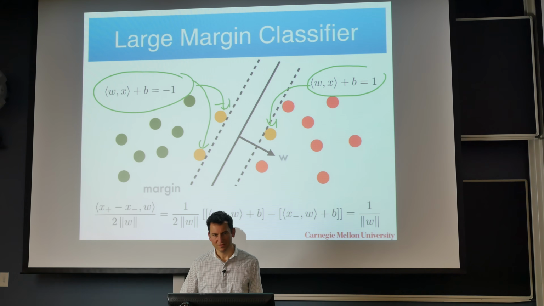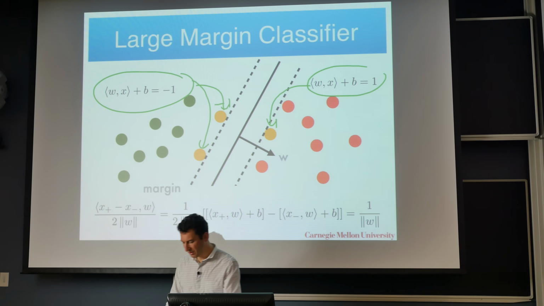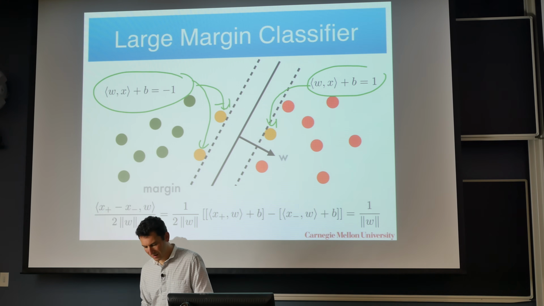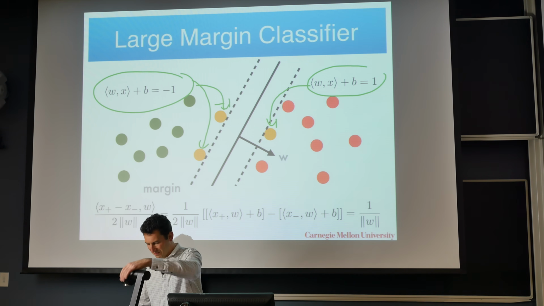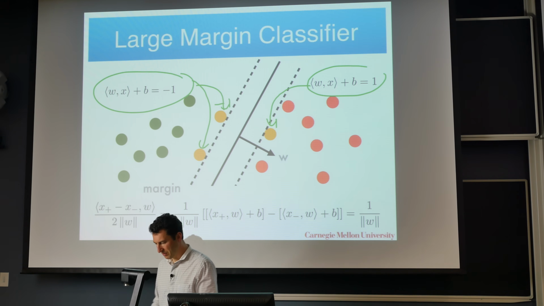Now I can take the difference between those 2 terms, and I have to get 2. So I can take (x+ minus x-) dot w. Let me do that explicitly in math, because it's a fairly important derivation.